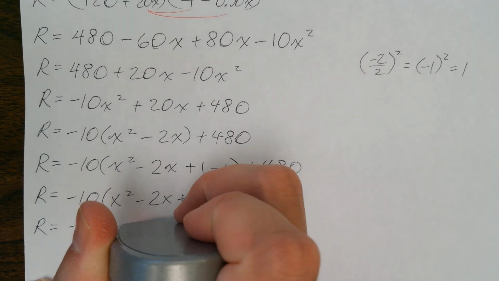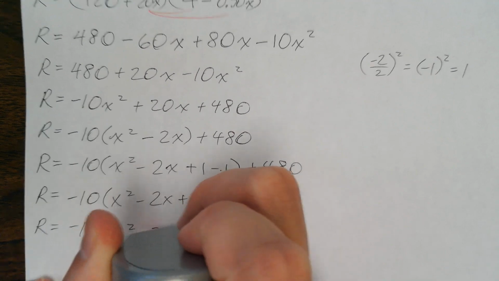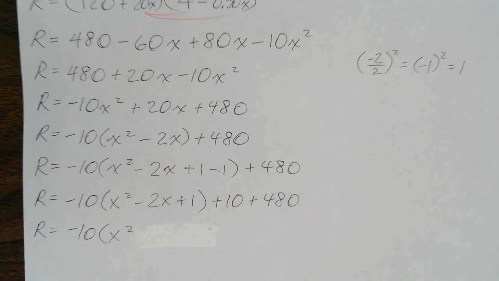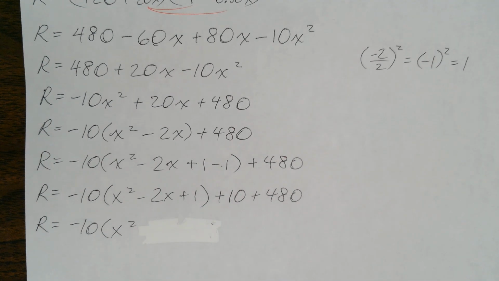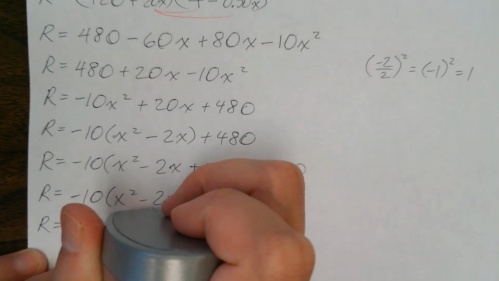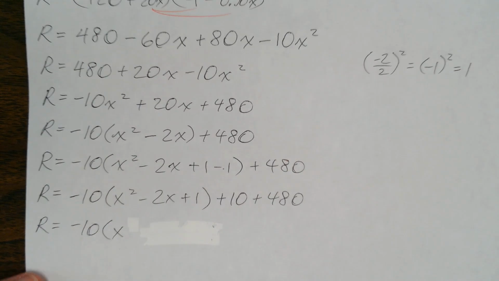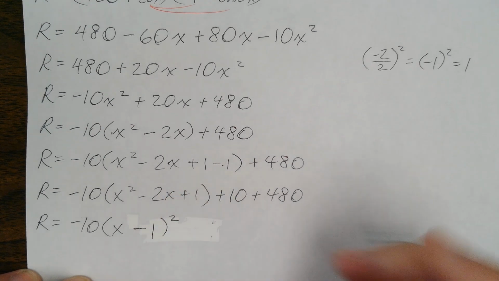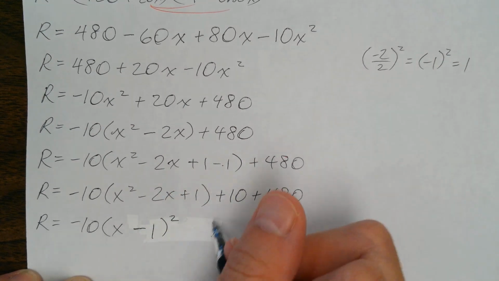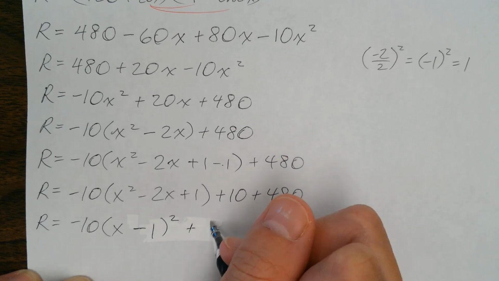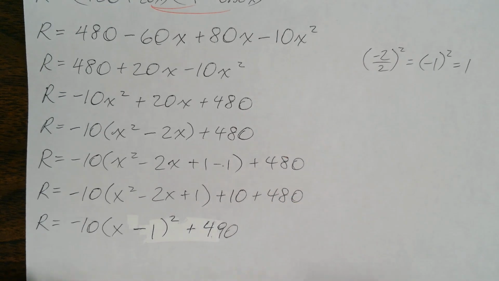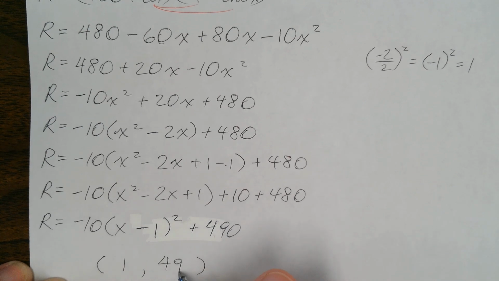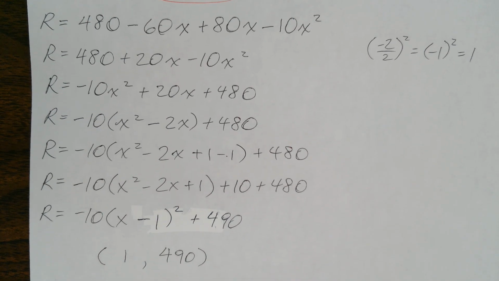This is a perfect square factor. Right? Okay, what do I put inside the bracket? x minus 1, right here. And then here, when you add it up, it's just plus 490. So my vertex in this case is 1, 490.